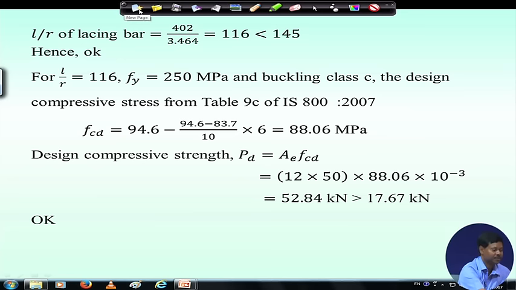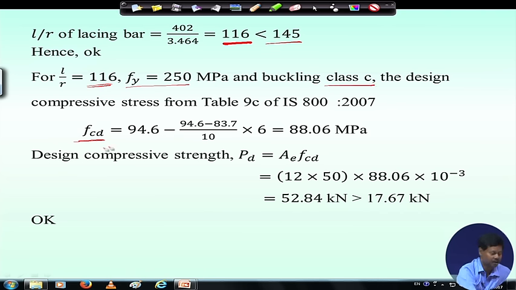So, slenderness ratio we are getting 116, and which has to be less than 145, that means the lacing length is fine, right. So, next we will find out the fcd value. fcd value means the compressive stress of the lacing member. So, for L by r equal to 116, which we have found, and we are using fy 250 grade of steel, and for flat plate the buckling class will be c.